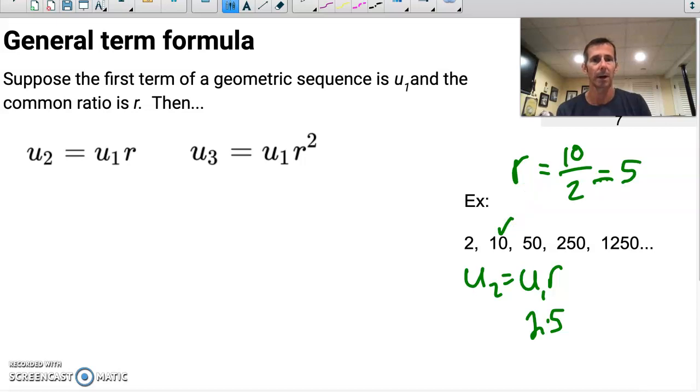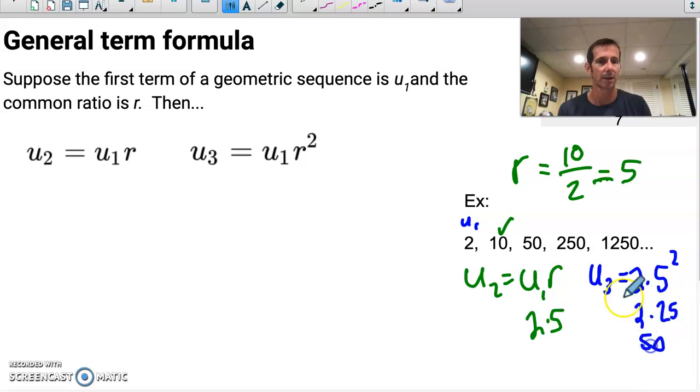If I want to look at my third term, based on the way we're developing this, that would be the first term, which is a very important one, so I'm going to mark that, 2 times the ratio squared. My ratio is 5, so 5 squared. Order of operations, I have to do that first. 25 times 2 is 50. Check, that worked as well.